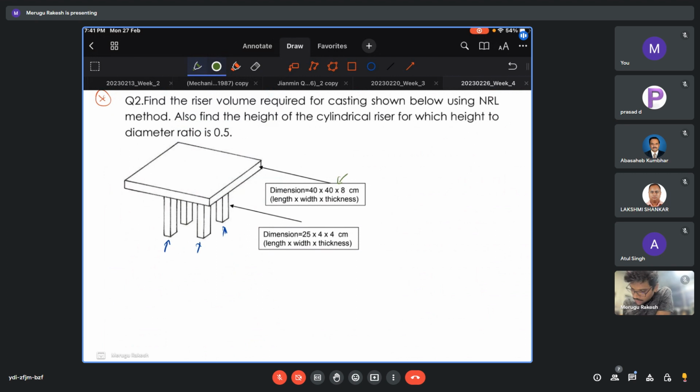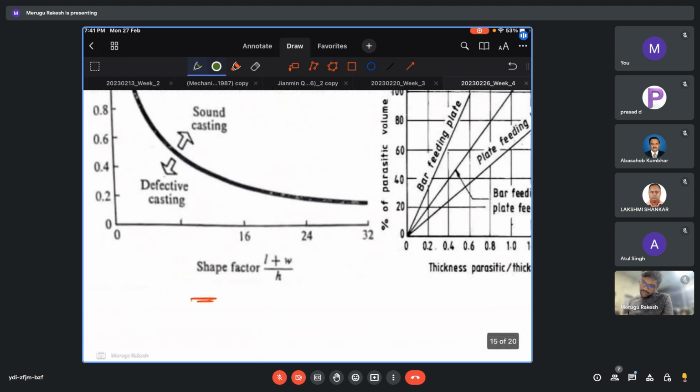So in this, shape factor 1 is equal to 40 plus 40 by 8, that is 80 by 8, that is nothing but 10. Similarly, shape factor for 2 is 7.25.